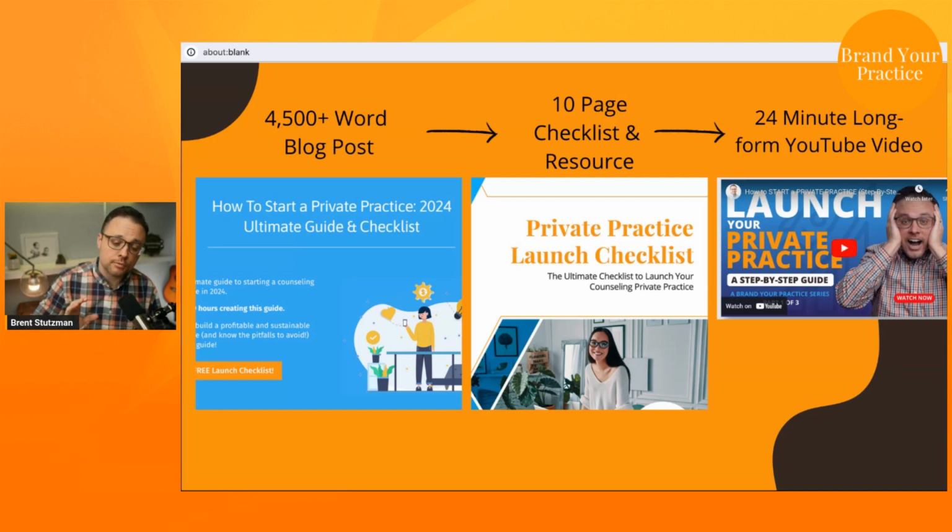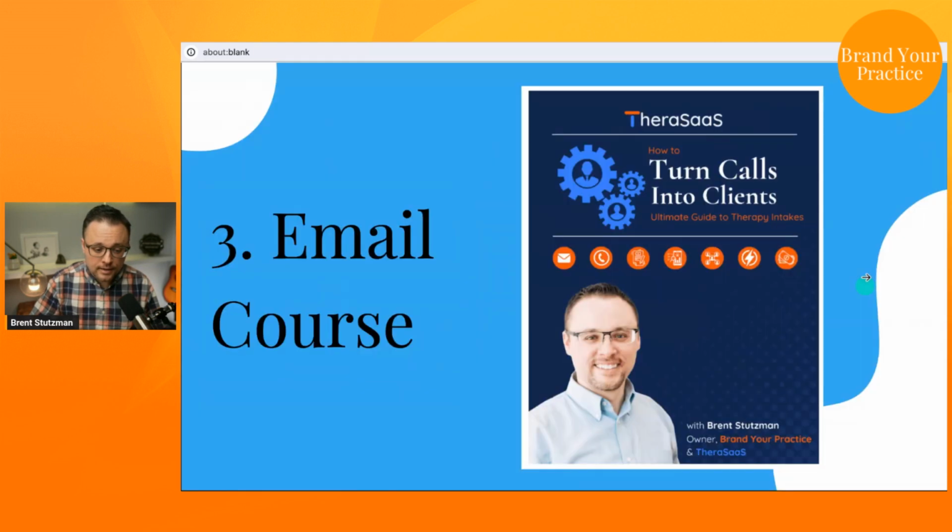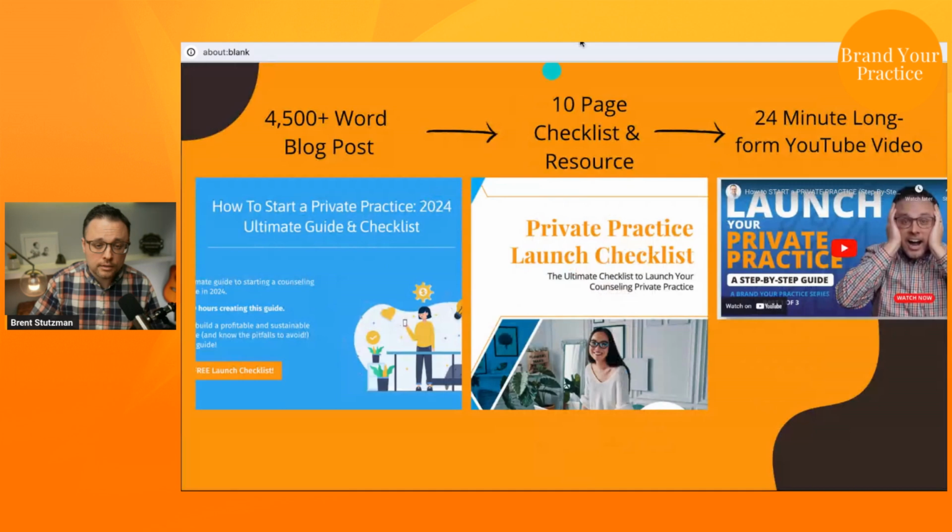And then I turned that resource into a 24-minute long YouTube video because YouTube is a search engine, and that's one of the places I wanted to grow my brand on. So that's kind of the distillation of this ultimate guide. And this one's been downloaded over 4,000 times since July of 2021.